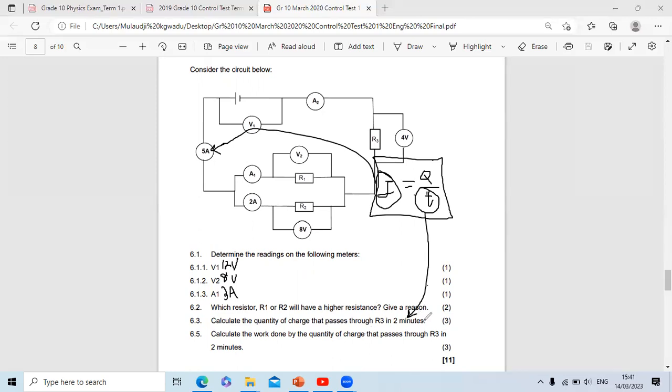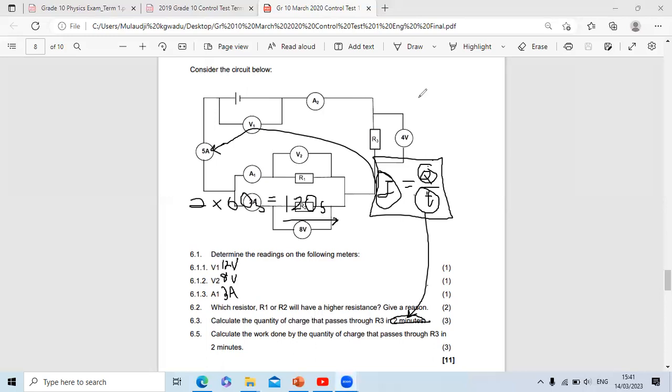So first you have to convert these minutes into seconds. You have 2 multiplied by 60 seconds, which gives 120 seconds, and that's going to be our time. And now, since we have all these, we can make Q the subject of the formula.